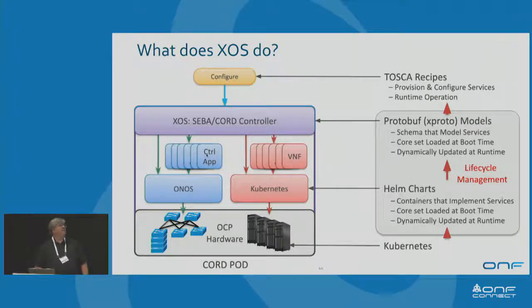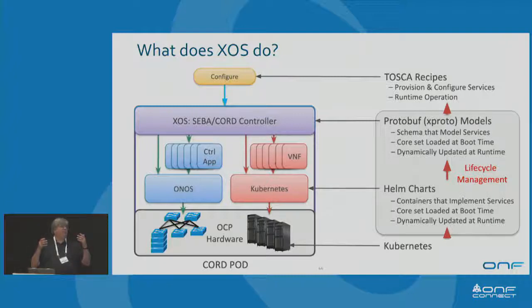It's kind of take all of that and present a uniform interface to the operator, while at the same time being configurable and extensible. So XOS is intended to be a very dynamic thing, and this diagram kind of churns around. So you can imagine at runtime you decide to add some new services. You might deploy new Helm charts via Helm.